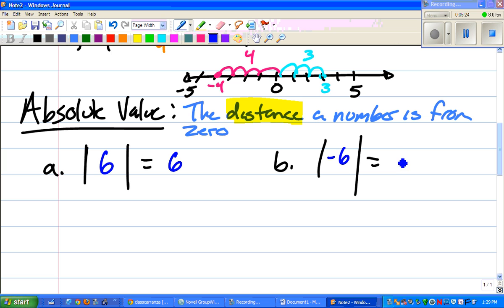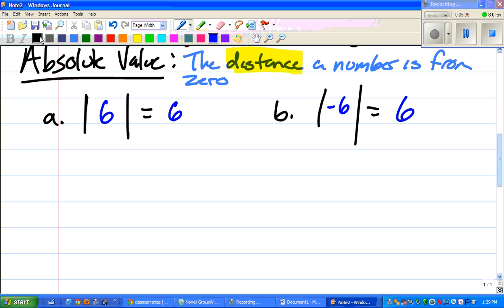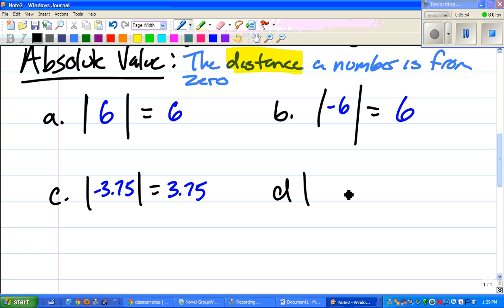Well, it's not -6 because it's a distance. It's 6 spots. Okay? No matter what number's inside, it comes out positive. Oh, we just did B. C. Even when we're working with fractions or decimals, okay, it doesn't matter. Whatever's inside is going to turn positive.